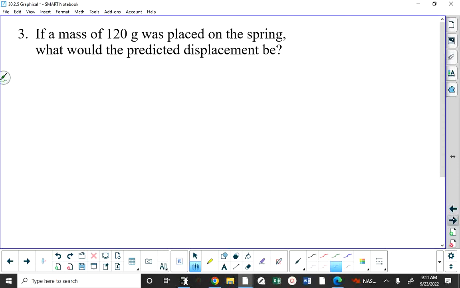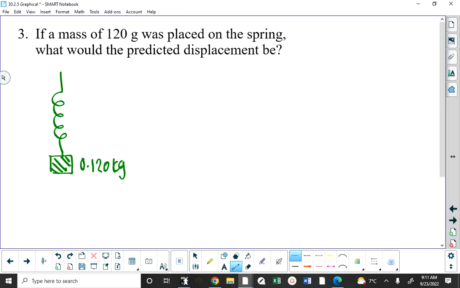All right, now, if a mass of 120 grams was placed on the spring, what would the predicted displacement be? So first of all, this spring is hanging vertically. I don't know if I've said that in the question, but that's my intention. So if this is 0.120 kilograms, the force on the spring is the force of gravity, which is mg. So let's calculate that. What is this downward force acting on that spring?